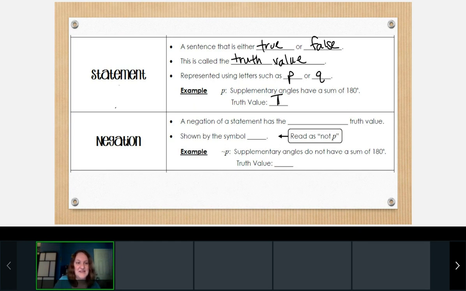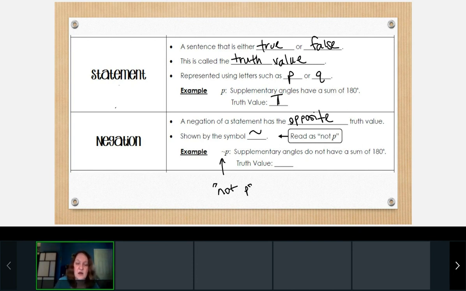All right, now the negation of a statement has the opposite truth value. It's shown by this little squiggle symbol, which means not P. So we're going to read this as not P: supplementary angles do not have a sum of 180.